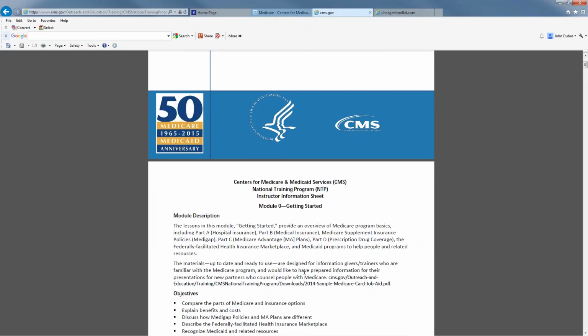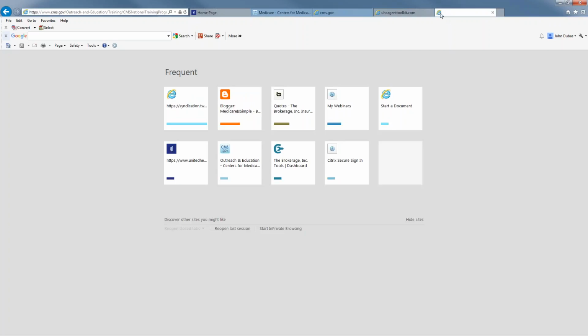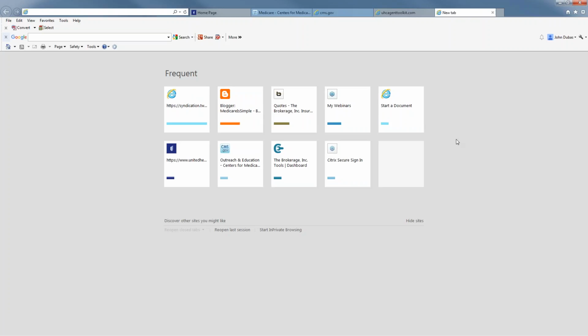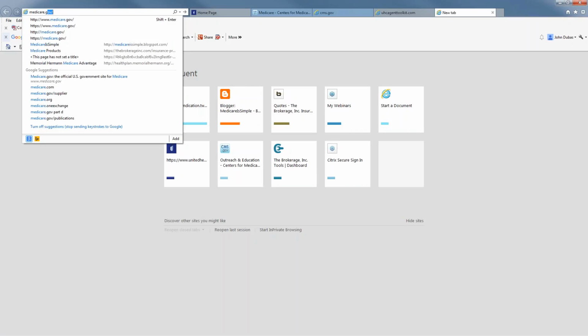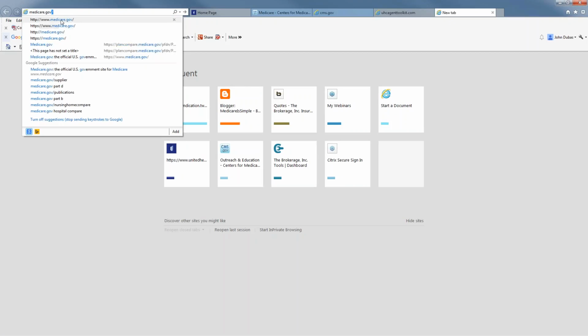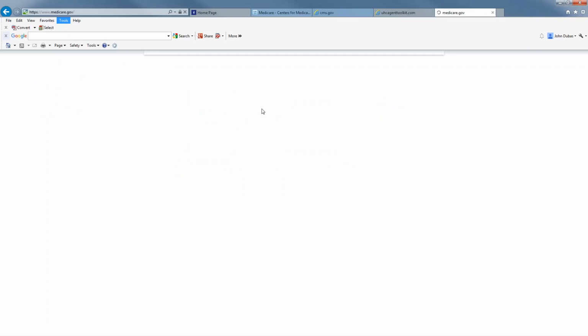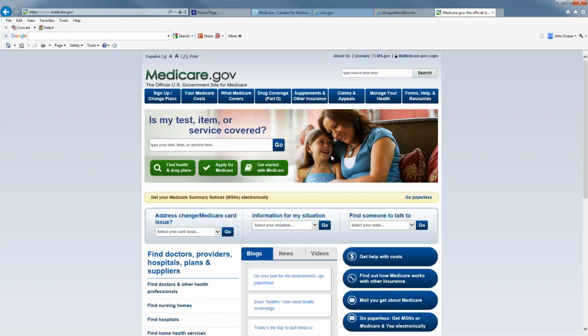Many people also will use another tool to help explain Medicare, but it is one that doesn't flow quite as easily. And if we go to Medicare.gov, this is where you can use some of the plan comparison pieces that we talk about.